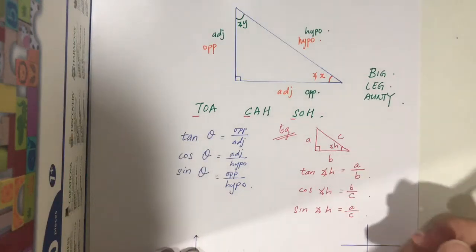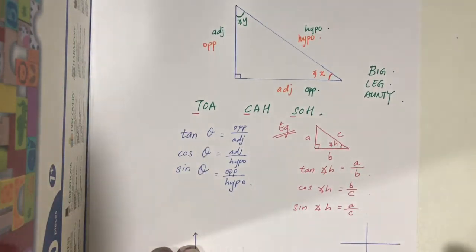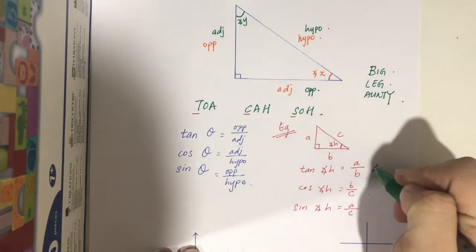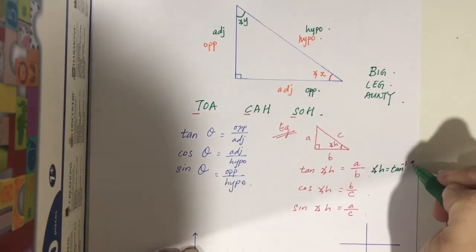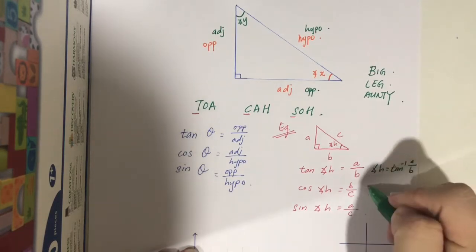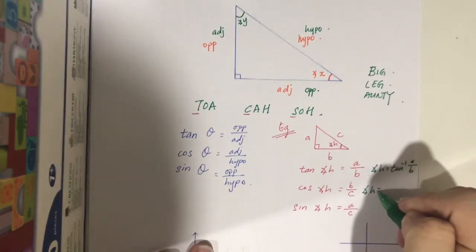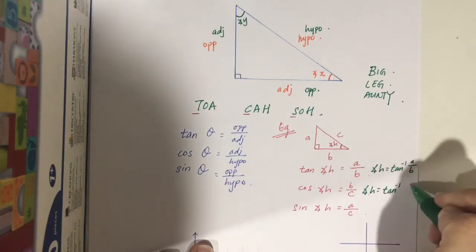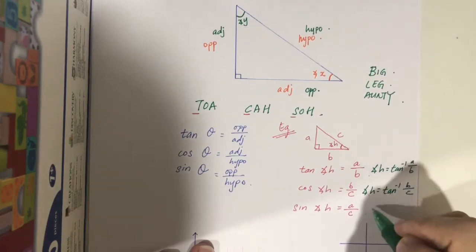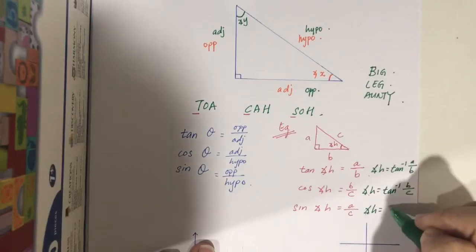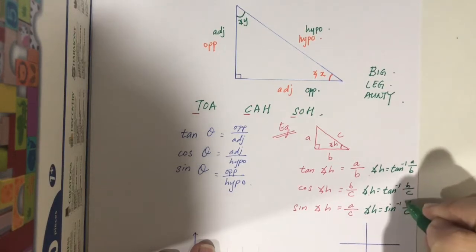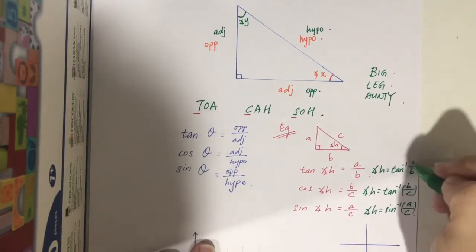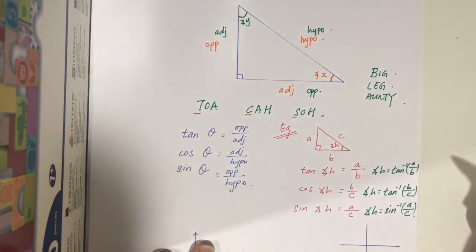Now, if I only want to find angle H, then the next step is angle H equals shift tangent A over B. Angle H will be shift tangent B over C for cosine. And angle H will be sine to the power of -1, A over C. You can just put a bracket to play safe.